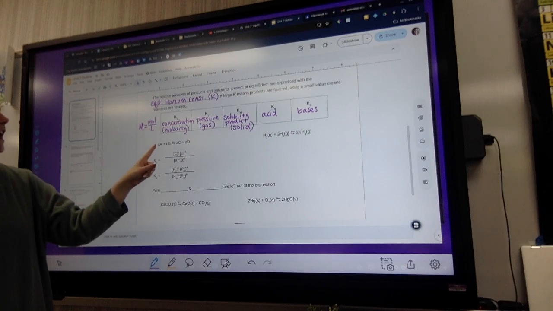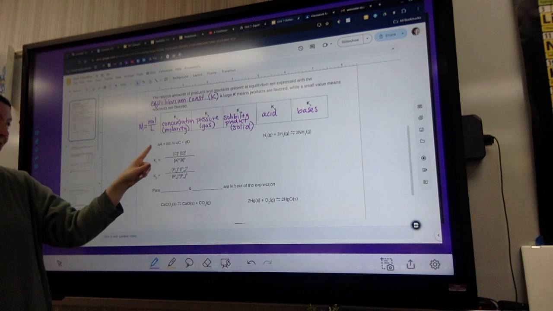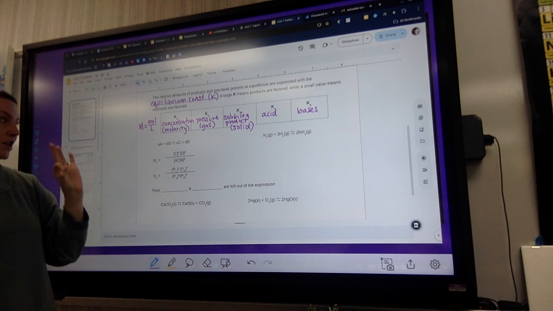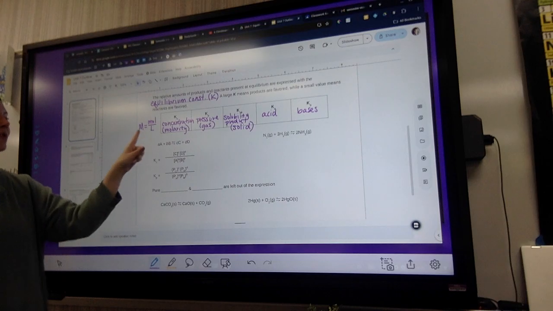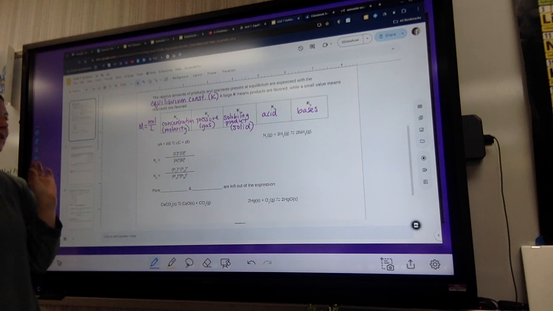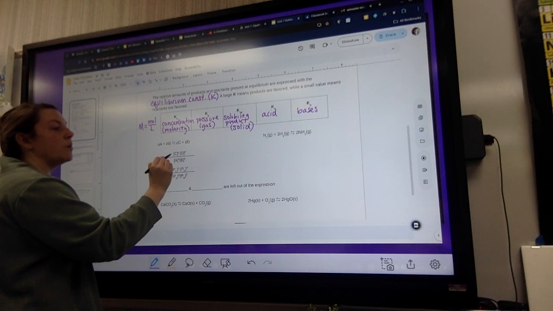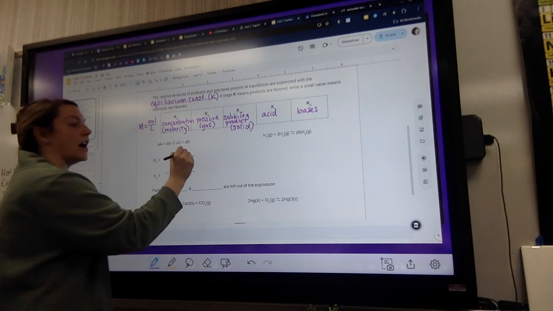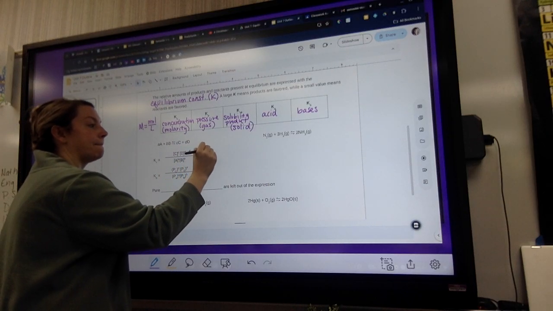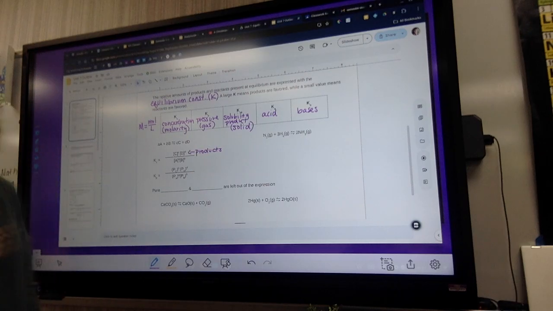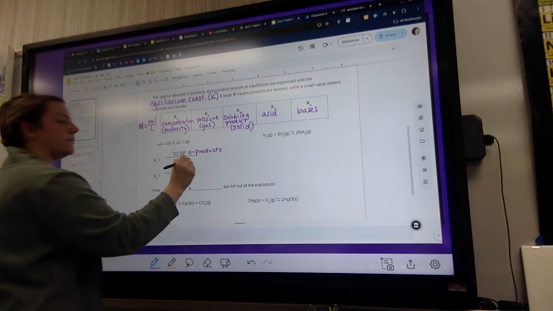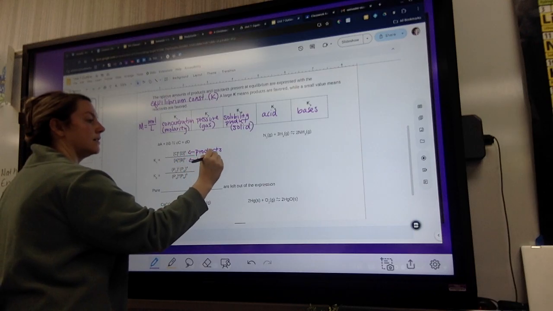We have our A species with a coefficient of lowercase a plus our coefficient b of species B. These are our reactants, and then we have our products C and D. When we're writing our Kc expression, we put in brackets each of our product species, and we raise them to the power of their coefficient. And then on the bottom, this is going to be our reactants.